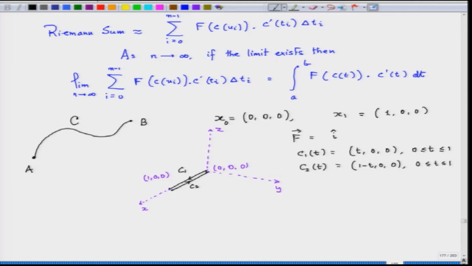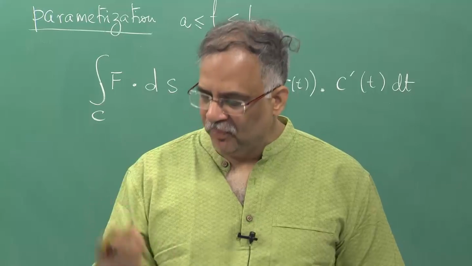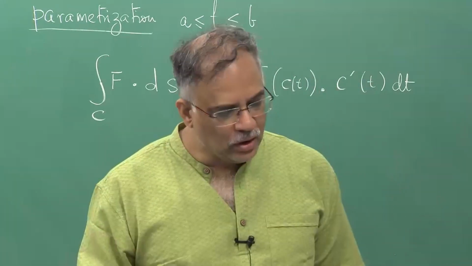The line integral I will not calculate, I will ask you to calculate, take it as homework. The line integral calculation is very easy, f is fixed here, it does not matter whatever C(t) I put, the vectorial component is just 1, and C dash t, you know what to do, it is (1, 0, 0).